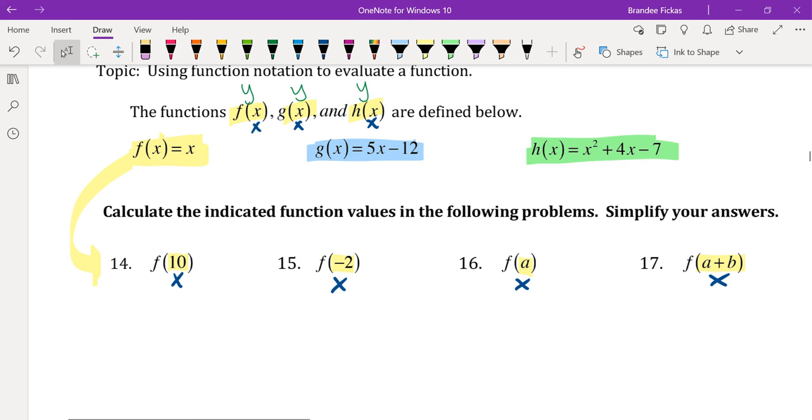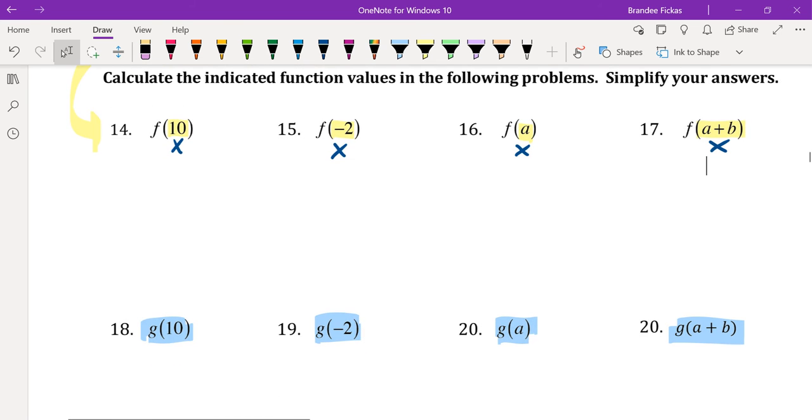And because it's just x, there is no simplifying. But now when we get to g of x, there is going to be simplifying because we have a 5x minus 12. So whatever we plug in for x, we have to multiply by 5 and then subtract 12. So I'm going to write here that g of x equals 5x minus 12.